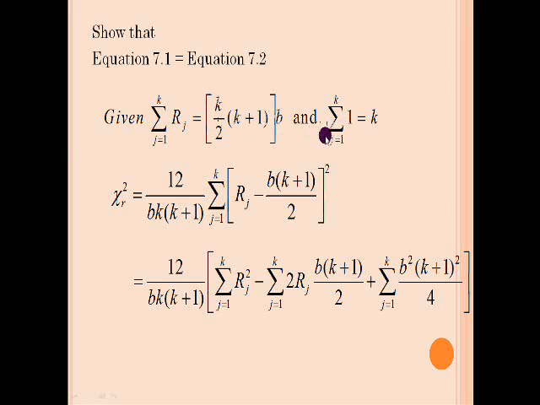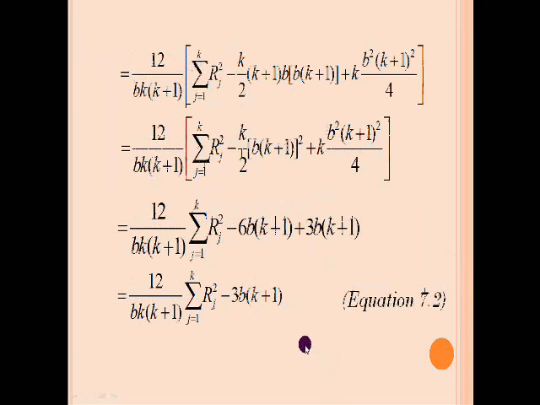So we will use these two equations and substitute them into equation 7.1. After we substitute, we will expand it and we will get this equation, which is equal to equation 7.2. So from this step, we know that equation 7.1 is equal to equation 7.2.